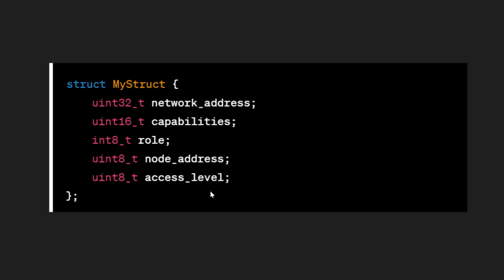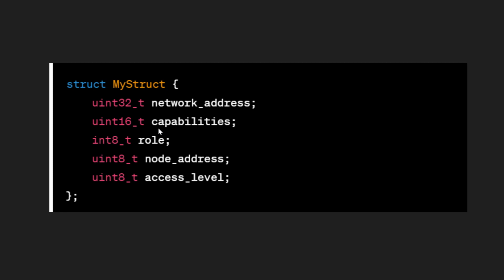The best way I would design the structure outlined in that question is to put the uint32 variable first, because that's the biggest one, and then the uint16_t variable second, because that is 2 bytes. So the total size is currently 6 bytes.